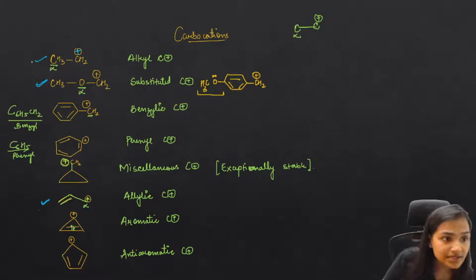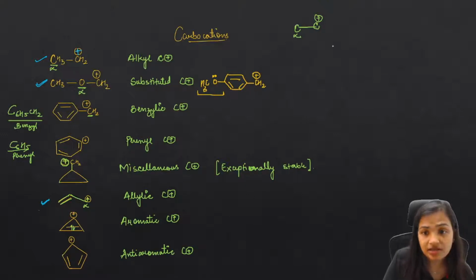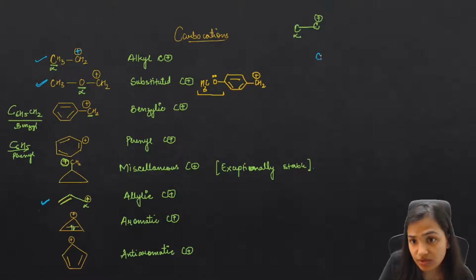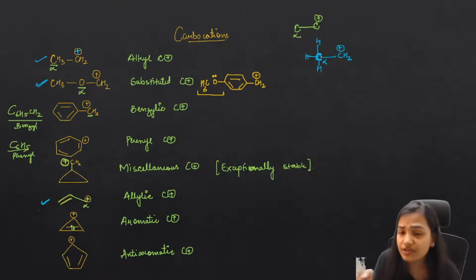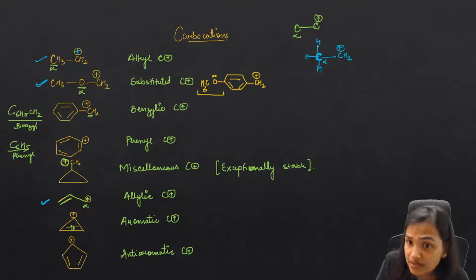In example number one, we have the alkyl carbocation, CH3CH2 positive. At this alpha position, what do we have? Do we have any lone pair? No. Do we have a pi bond? No. Do we have the alpha hydrogen? Yes. So at this alpha position we have these alpha hydrogens.